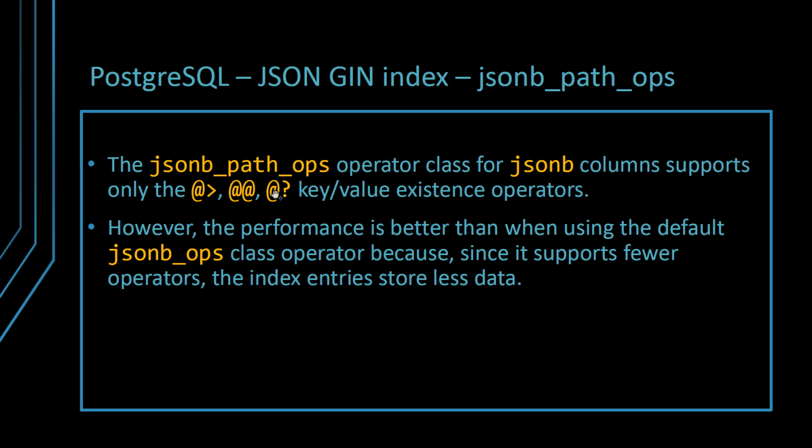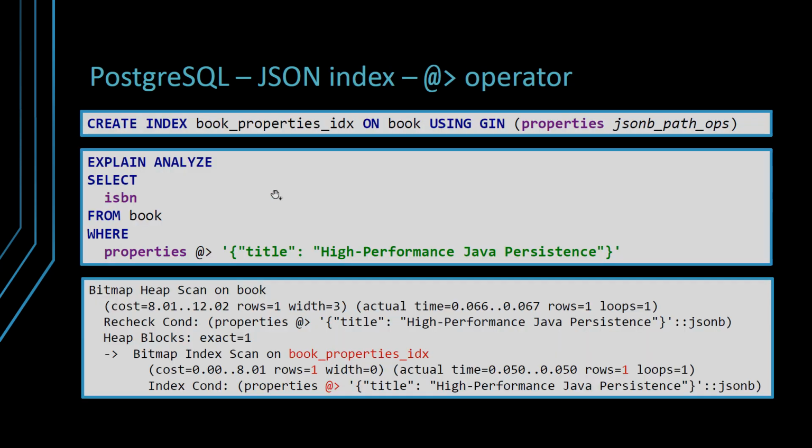Because it's more compact, it takes less space, and it's also optimized for this type of operators. So if you want more performance out of these operators, you can build your GIN index only for these specific types of operators. The difference is that if you do that, you cannot use the previous ones, like the question mark. It is not going to work for this type of operators, but this one is going to be faster. So you have this option if you want.